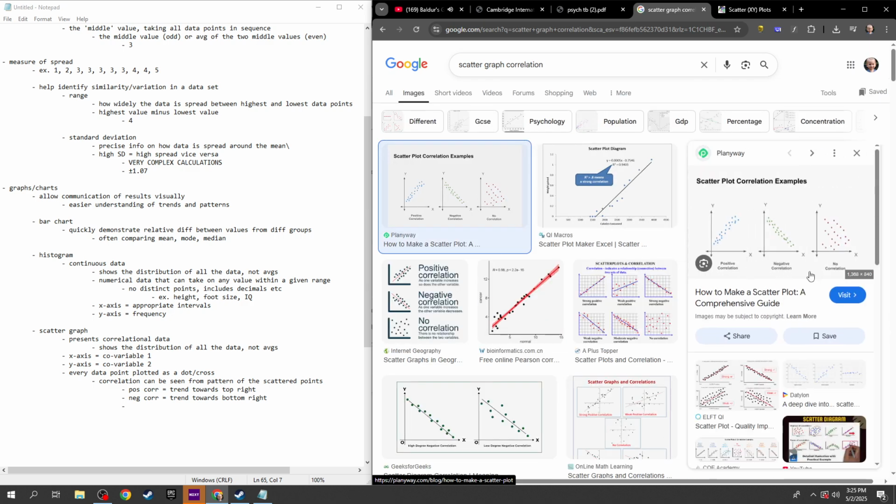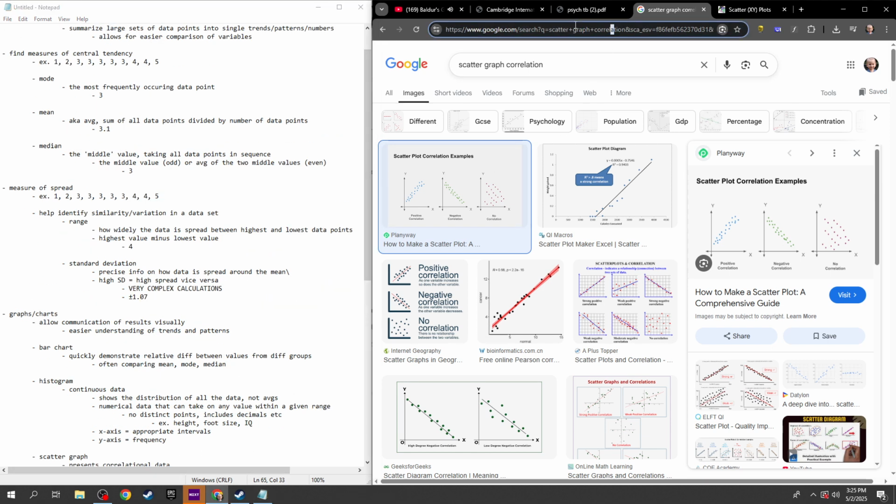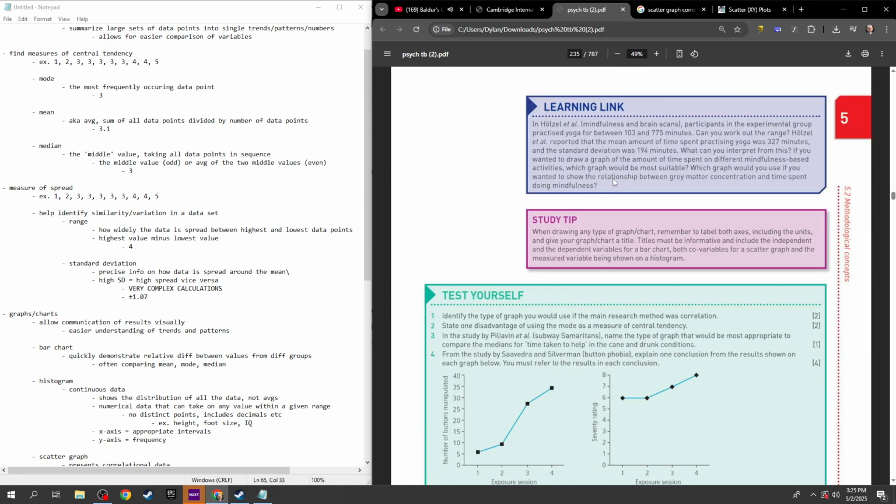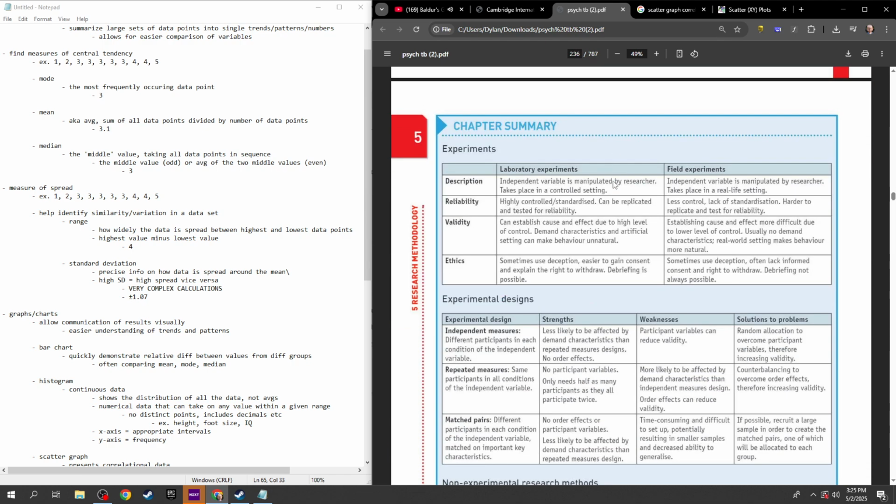Yeah, positive correlation, negative correlation, no correlation, as you can see here. No correlation is no clear pattern. And there you go. That is it, guys.